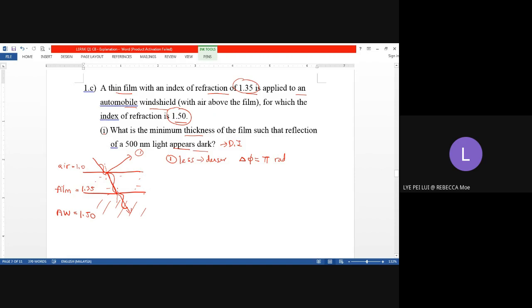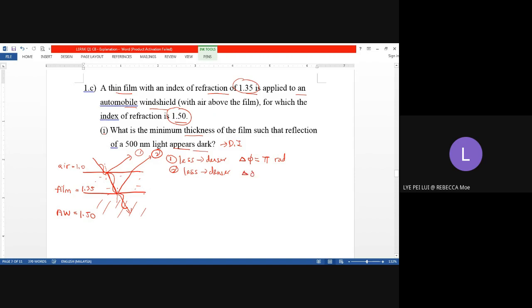After that, the second reflected ray goes from 1.35 to 1.5, so again from less to denser. Is there any phase change?